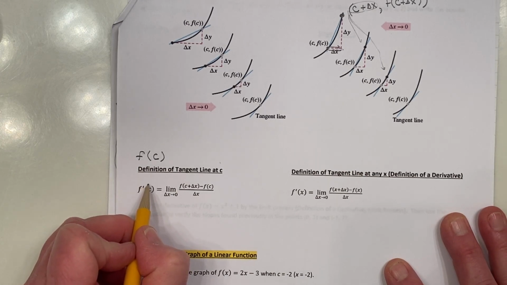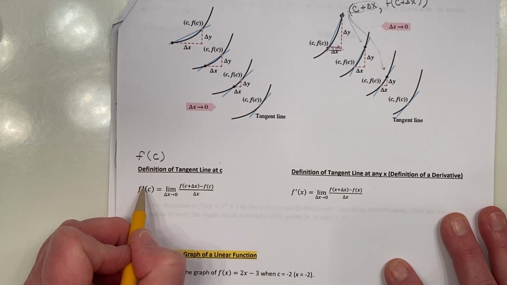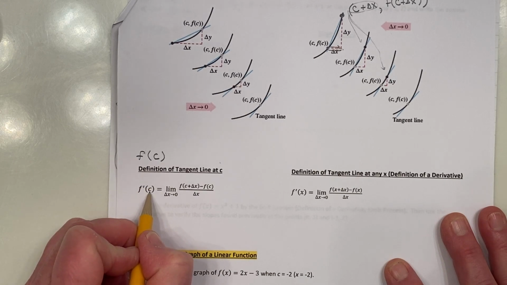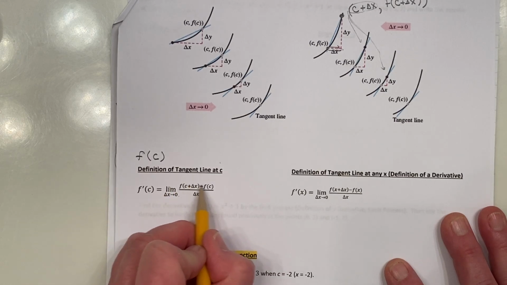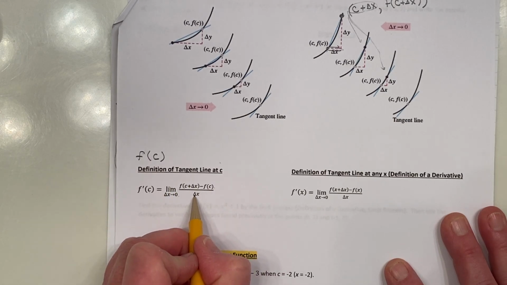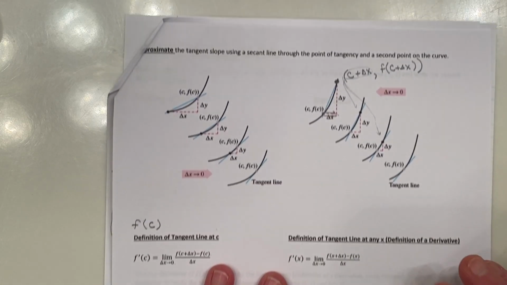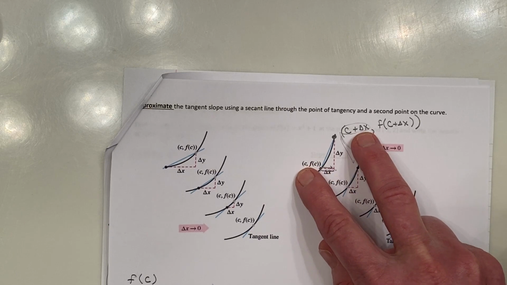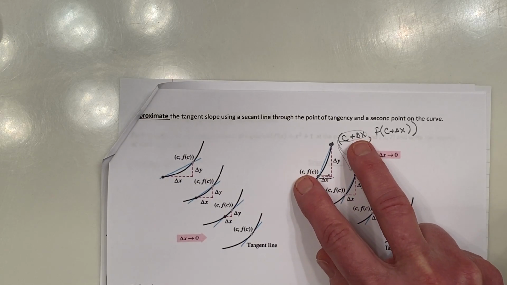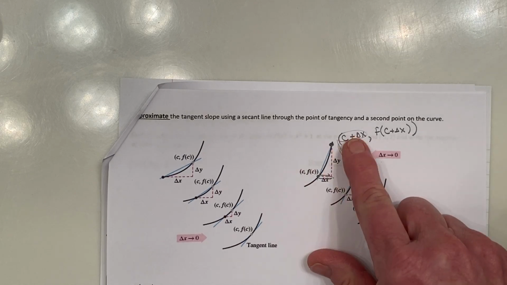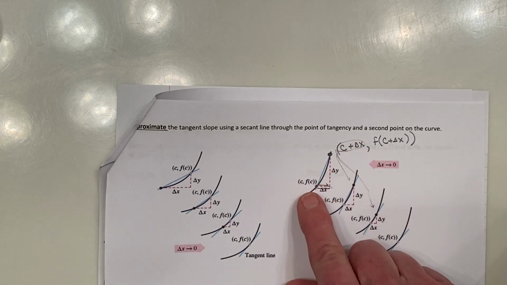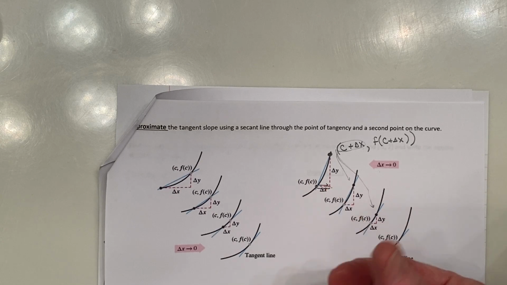That's what the prime means. It means slope. The slope of the graph f at c can be found by taking the limit of the difference of 2 y's over the difference of 2 x's. And if we were to subtract these 2 x's right here, remember on the first page when we subtracted these 2 x's, x2 minus x1, the c's canceled. So we're really just looking at delta x as the difference in the x values.